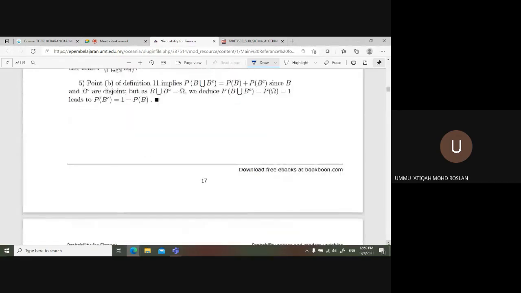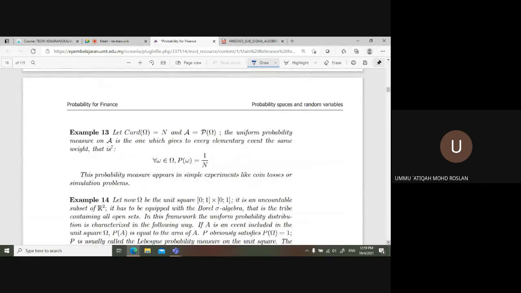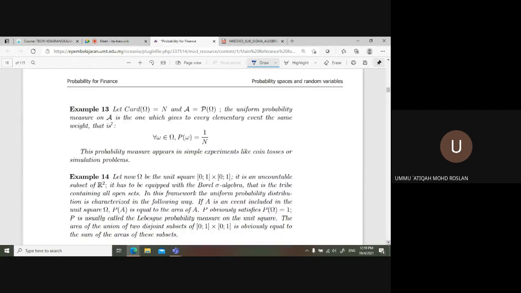Okay, the next ones are examples 13 and 14 on probability measure. Example 13 explains the uniform probability measure. Why do we call it uniform?